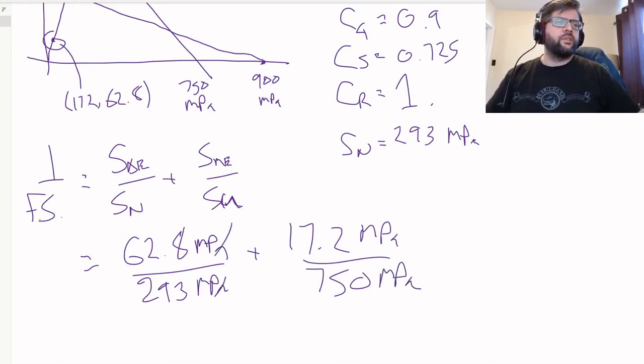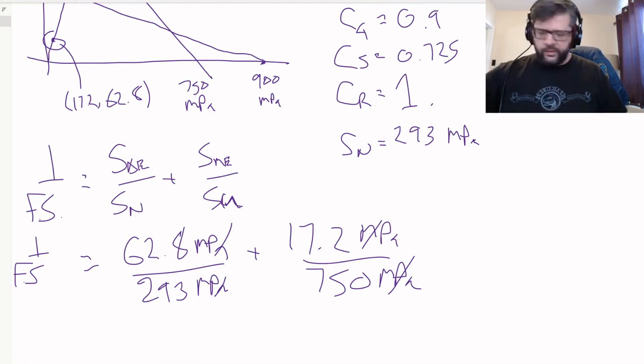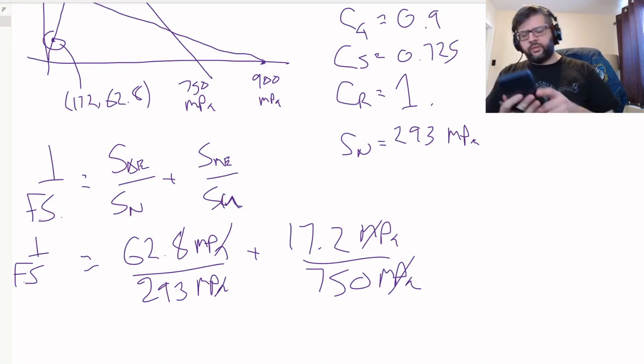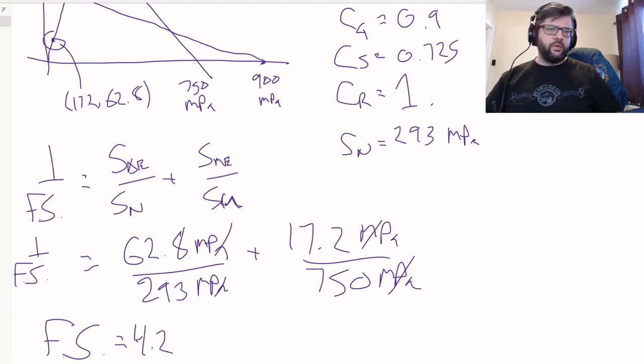Obviously, these ratios cancel out. So what's that? 62.8 divided by 293 plus 17.6 divided by 750. That gives us 0.237. Inverse of that gives us our safety factor. So that gives us a safety factor of 4.2. And yeah, that is that.